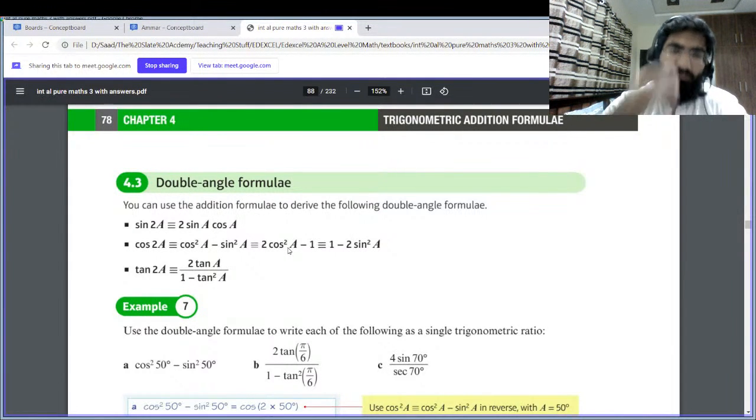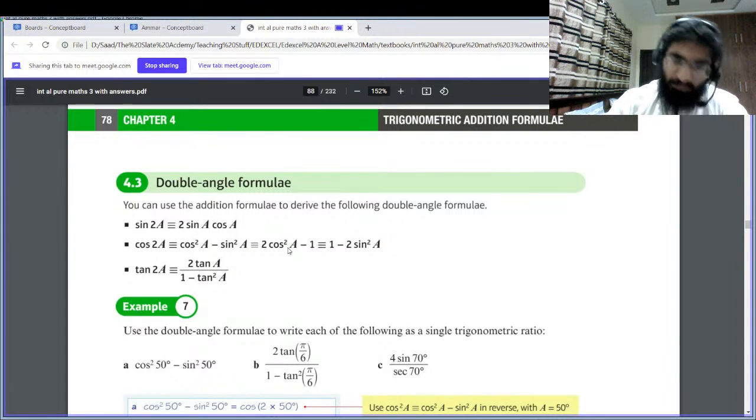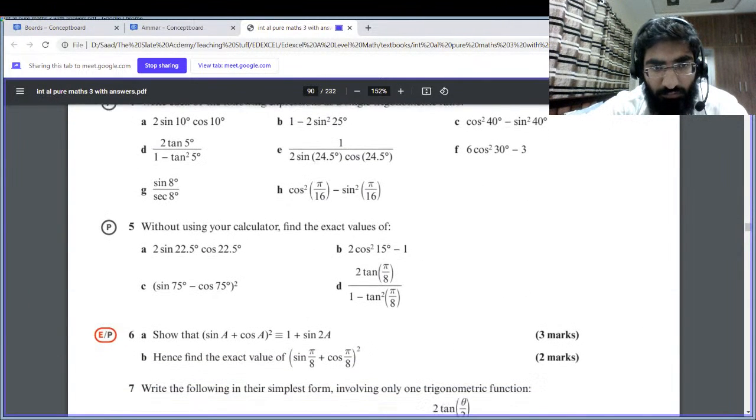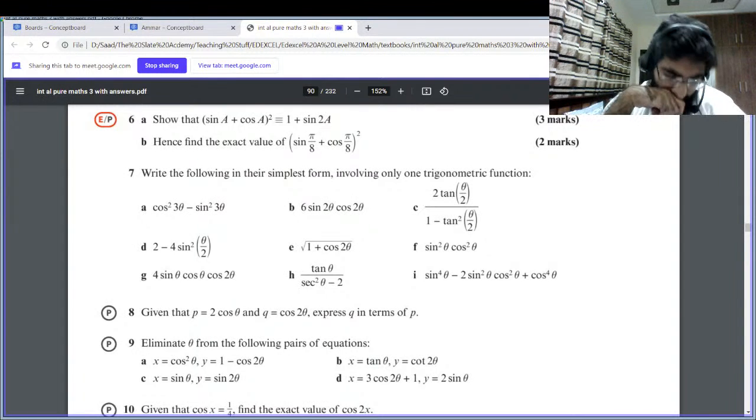Yeah, 2 cos square theta minus 1. But now you have to convert it in the form of 2 cos theta, that is P. So Q is equal to P squared minus 1, no?